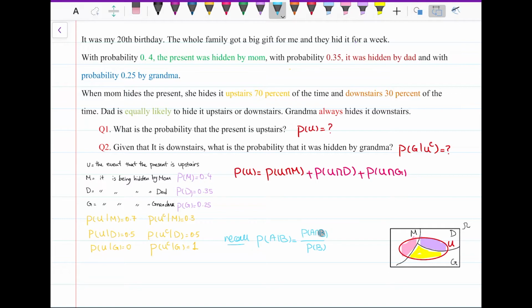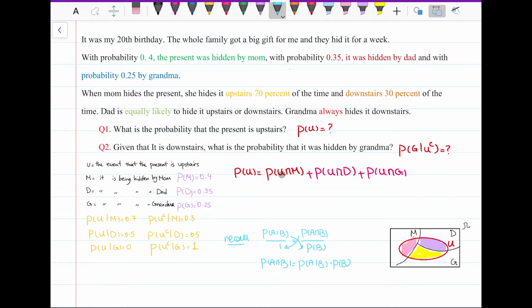Now, if we have the intersection, I can use the conditional probability to find the intersection. How? I'm giving a denominator 1 for probability of A given B. Let me write it like this: probability of A given B over 1. And then I'm going to use cross multiplication. And I'm going to say that 1 times probability of A intersection with B would be probability of A given B times probability of B. Great.